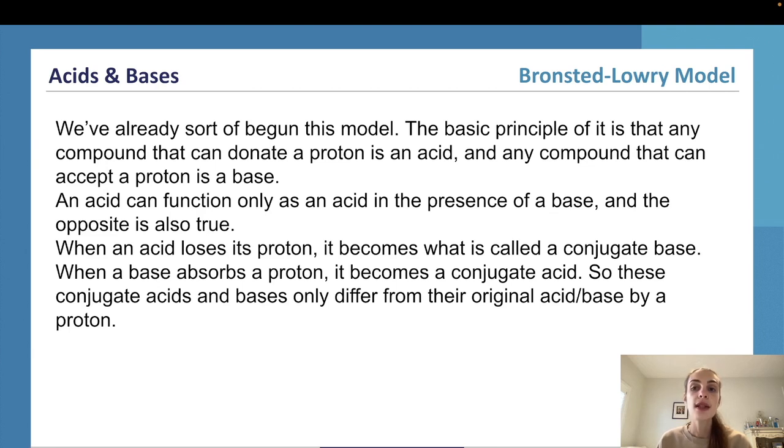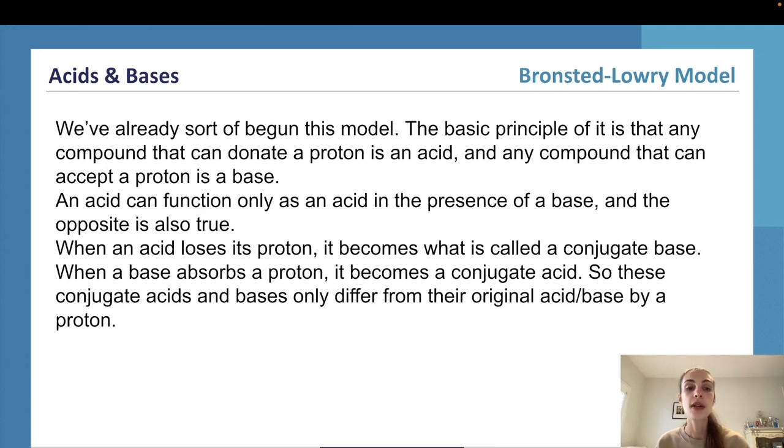So the basic principle of the Bronsted-Lowry model is that any compound that can donate a proton we will consider to be an acid, whilst any compound that can accept a proton we will consider to be a base. And so an acid can function only as an acid in the presence of a base, and the opposite is also true. So a base can only function as a base in the presence of an acid.